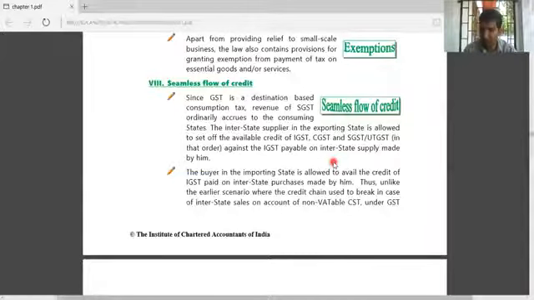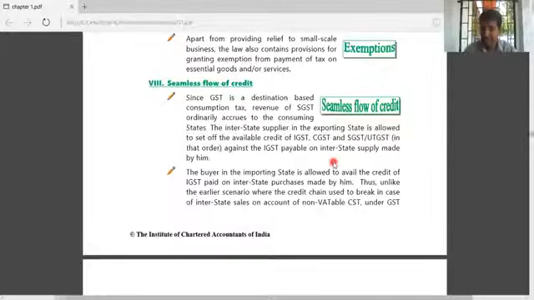In that invoice, they charge the price of the goods as well as GST. What GST do they charge? Say GST 18 percent: they charge CGST 9 percent and SGST 9 percent, or they charge IGST 18 percent. If it is an intrastate supply, they charge CGST plus SGST, 9 percent each.